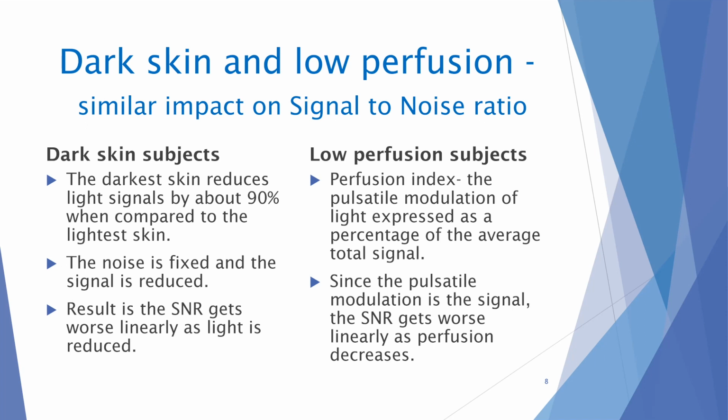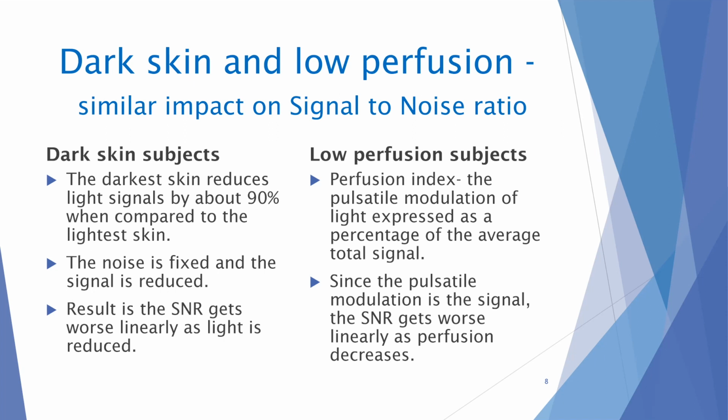The same thing happens with low perfusion. Even if there's plenty of light, if the perfusion gets smaller, then the signal gets smaller and the signal to noise ratio gets worse. And if you combine low perfusion with low light levels, you get a really bad situation.